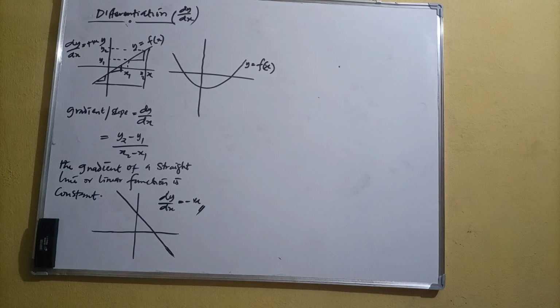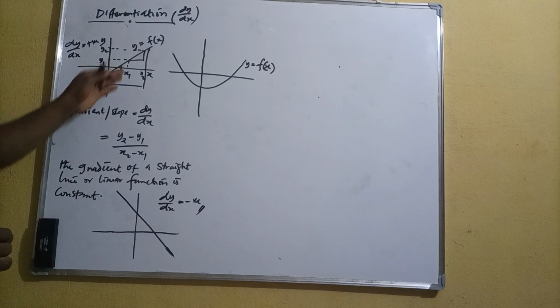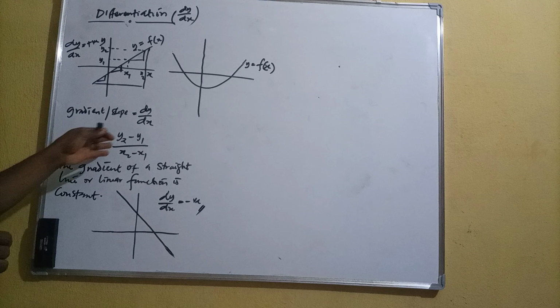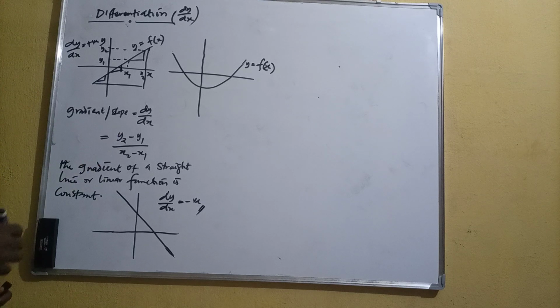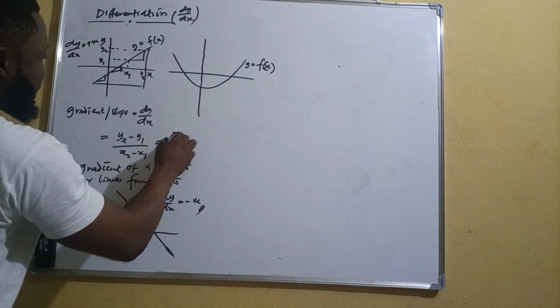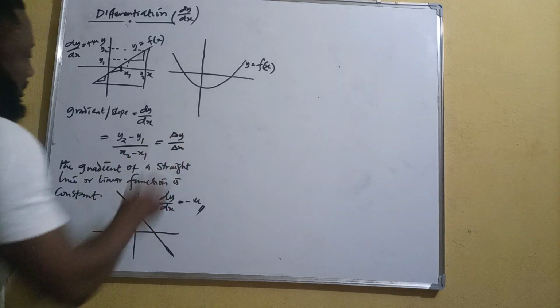So if you differentiate that, it's going to be negative. So you can see from the explanation I've given how to get the gradient of a straight line or a linear function, which is change in the vertical axis all over change in the horizontal axis. That's change in y over change in x.